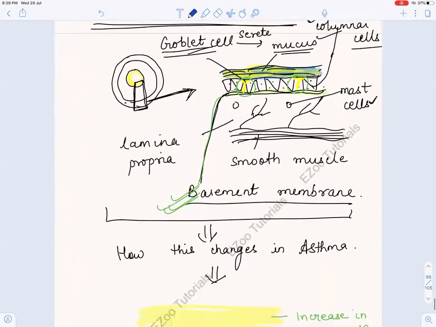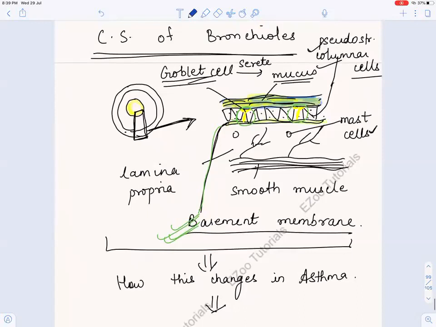Now we saw a cross section of a bronchiole in asthma. There was mucus, pseudostratified columnar cells, basement membrane, lamina propria, and smooth muscle.